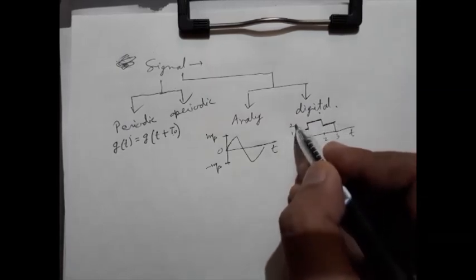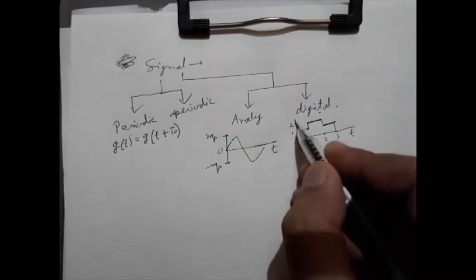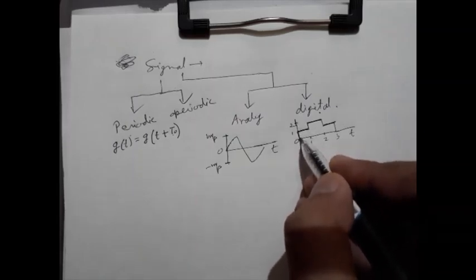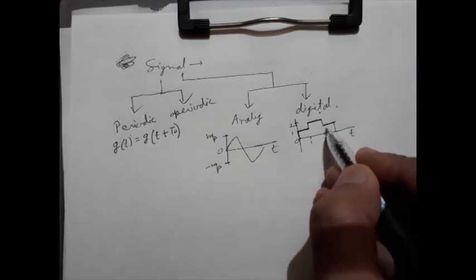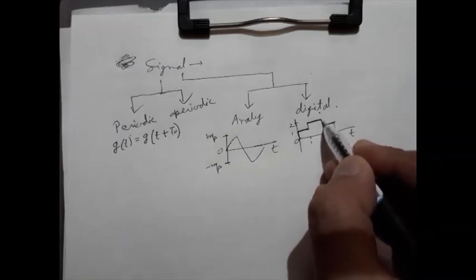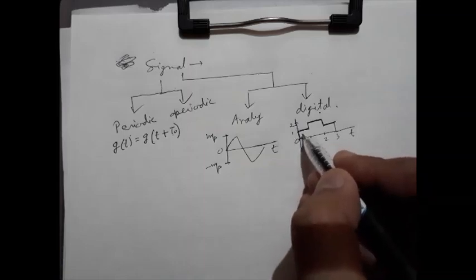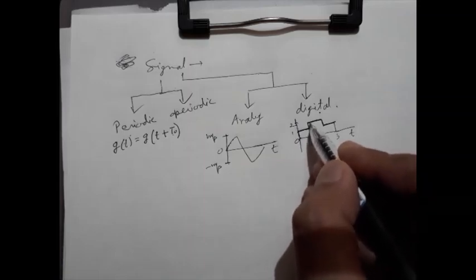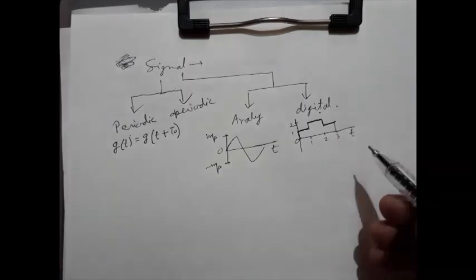That means within this range, the signal can take either 1 volt or 2 volts. It cannot take 1.5 volts. Under this condition, we call this particular signal a digital signal.